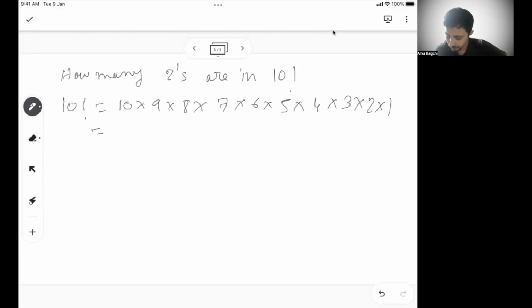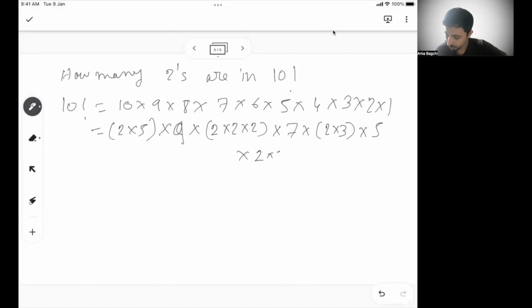Now if I break it into small chunks, 10 is 2 into 5, then 9 does not have any 2. I'm just focusing on where there are 2's. Then 2 into 2 into 2 for 8. 7 does not have any 2. For 6, we have 2 into 3. Then we have 5. Then 2 into 2 for 4. Then 3.